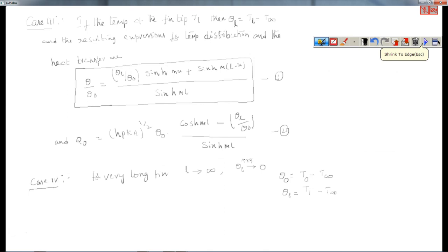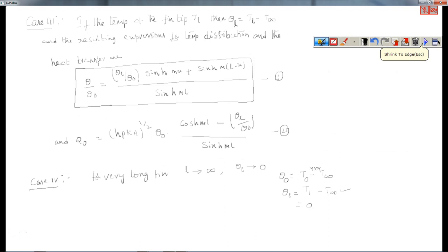In this case TL almost attains T infinity, therefore theta L tends to 0. This is the case we are going to consider now, for which we already defined theta 0.